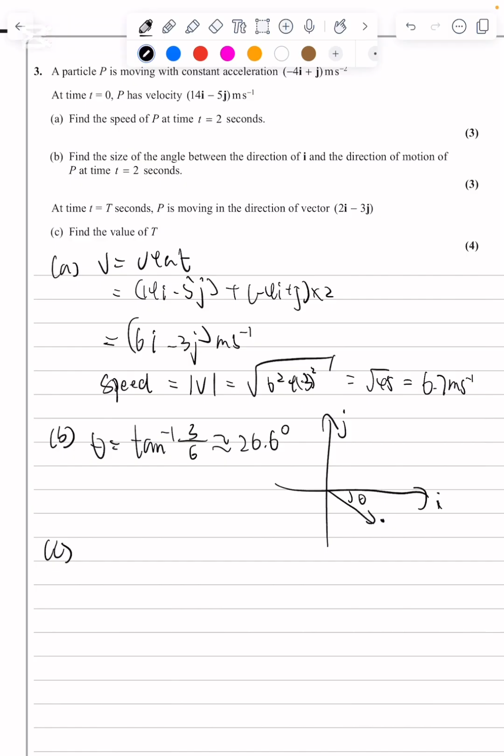Part C. At time t it is moving in the direction of vector 2i minus 3j. Find the value of t. So 14i minus 5j plus negative 4i plus jt equals 2i minus 3j lambda. Lambda as in like it's a scale, you know.